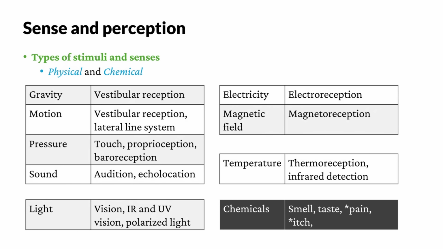Some animals, such as snakes, have infrared detection. They can see the infrared lights, and therefore they can see the temperature of the things around them. And some insects, such as mosquitoes, can sense the carbon dioxide emitted by living organisms. This can help them find things to suck blood. These are some of the physical and chemical senses that animals and humans have.